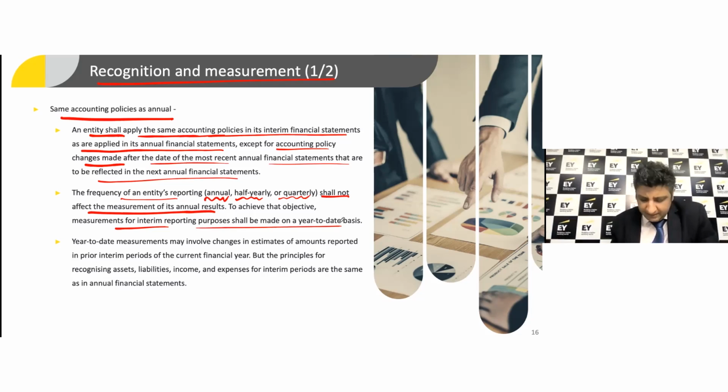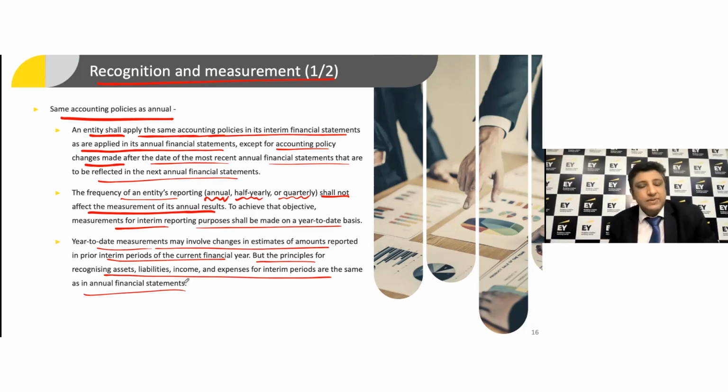Which probably may mean that there could be some estimates that may change. You could be looking at an estimate with respect to the life of the asset or the salvage value of an asset, or let's say a warranty provision. But then that would remain consistently the same as you do it as far as your annual financial statements preparation is concerned, right?